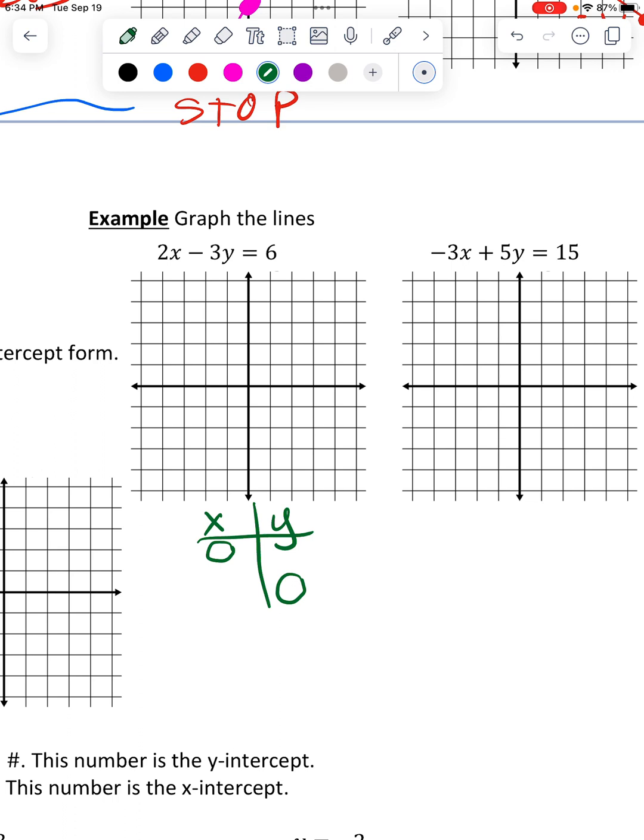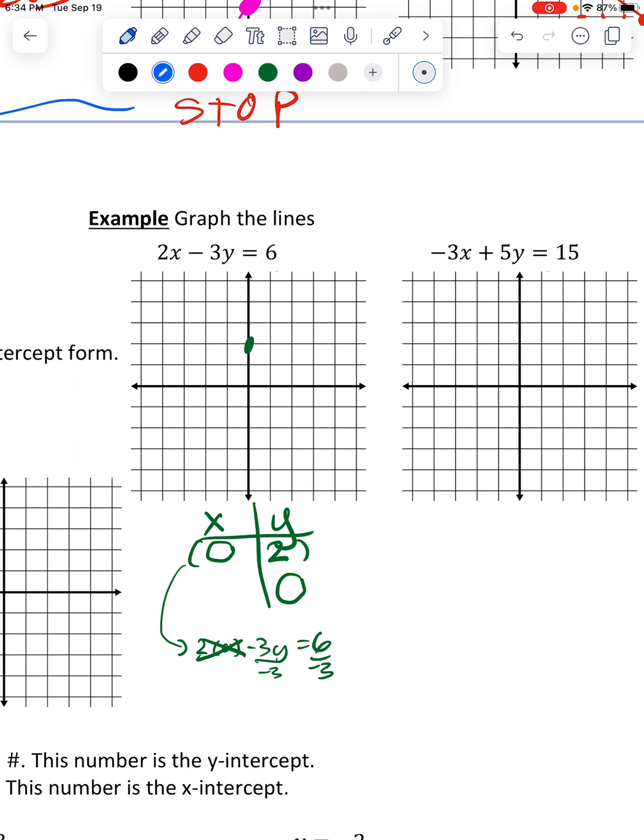And then I take the equation, and if I put a 0 in for x, that would go away. And then all I have to do to solve the remaining problem is divide by -3. So 0, 2 is going to be a y-intercept. So 0, 2 is the first point that I graph.